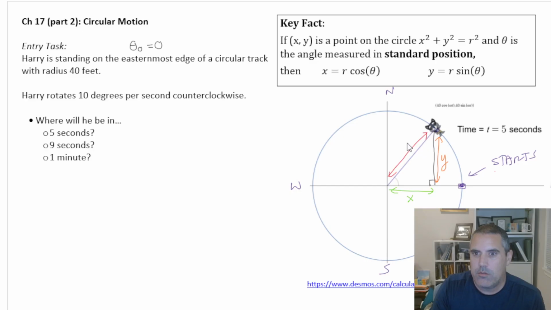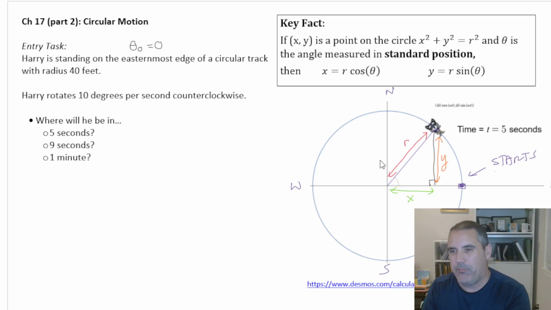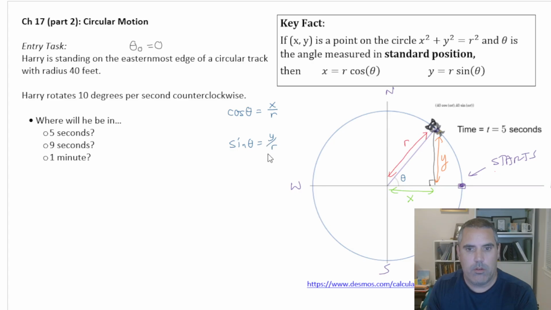And again, if this is too slow, you can skip to the next part, but I want to make sure we're there. We then said that if we know this angle, then we can use the trig facts. We can say cosine of theta is x over r, and sine of theta is y over r. That works no matter where you are.